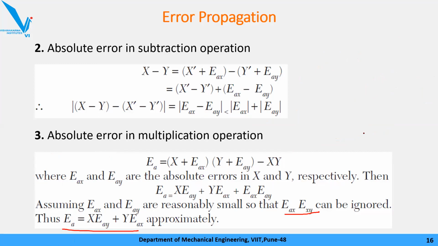But it is correctly represented in this format. Absolute error after multiplication value will be equal to. Now I'll do small modification in this equation. I'll take x into y out of this equation, common, we take it. So what I'll get, some this kind of equation.